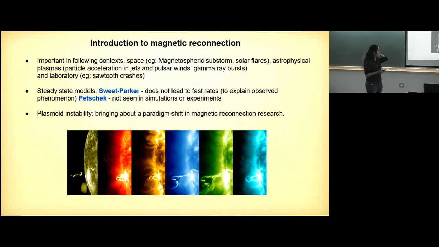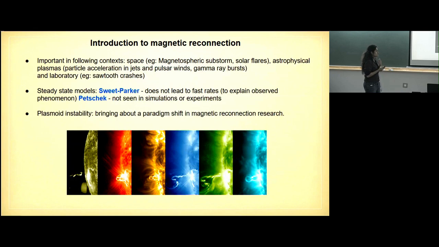Also, more recently, people think that it can be used to model particle acceleration in jets and pulsar winds. There are many different models you can have, like shocks and so on, but people have found that the latest manifestation of magnetic reconnection is very efficient in particle acceleration.